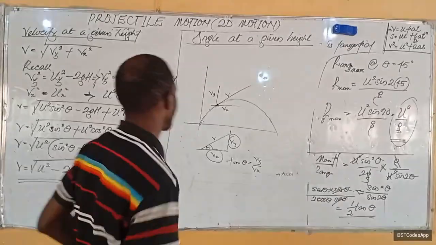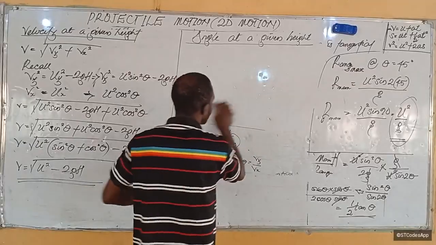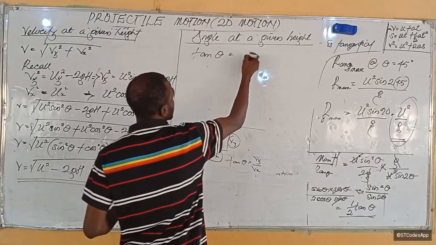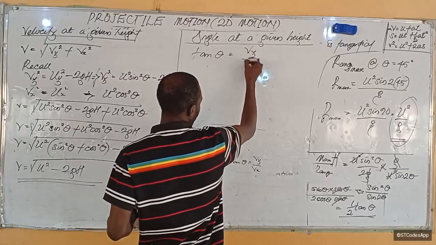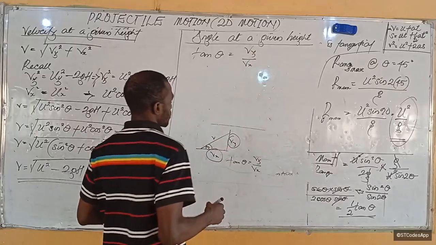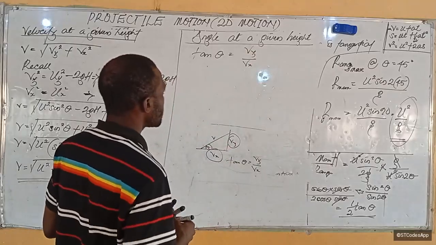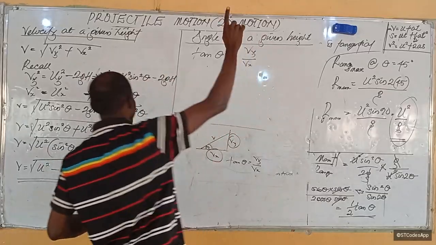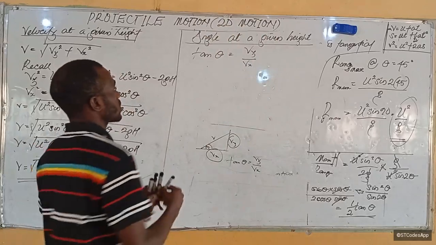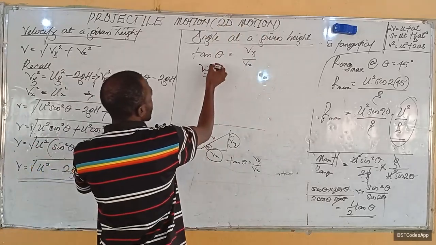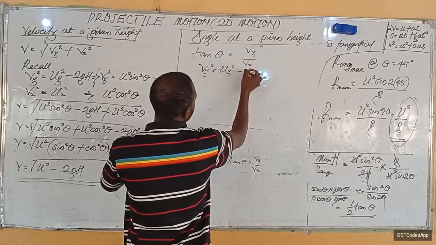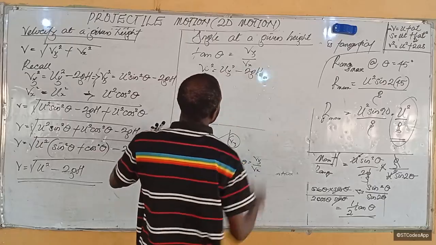So if that be the case, then we know that tan theta will be equal to V sub y over V sub x. Now, remember here that is at a given height. So which formula for V sub y are we using? Remember that V sub y squared is equal to U sub y squared minus 2GH, right?